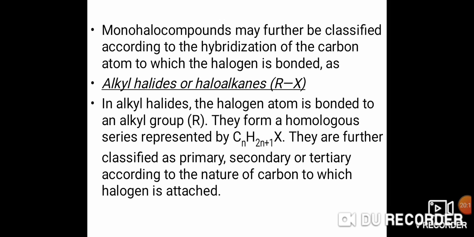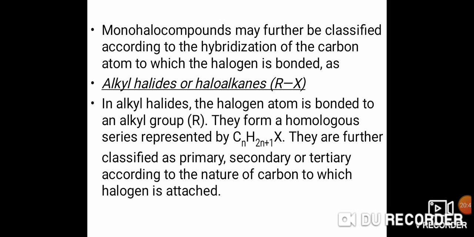They form a homologous series represented by CnH2n+1X, which are further classified as primary, secondary, or tertiary according to the nature of carbon to which halogen is attached.